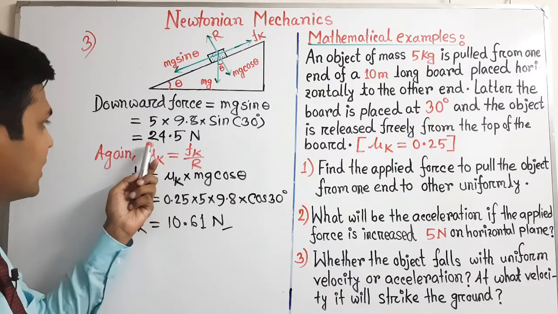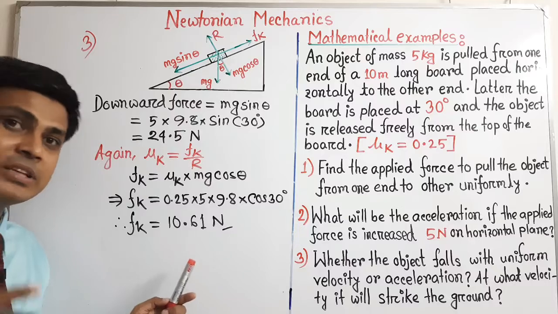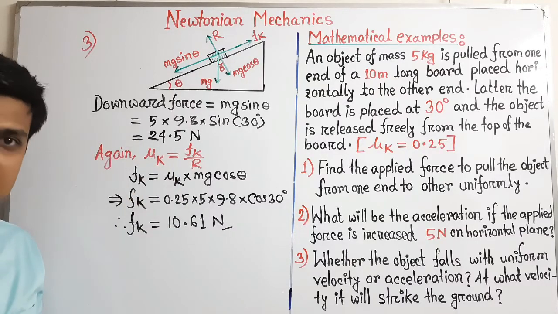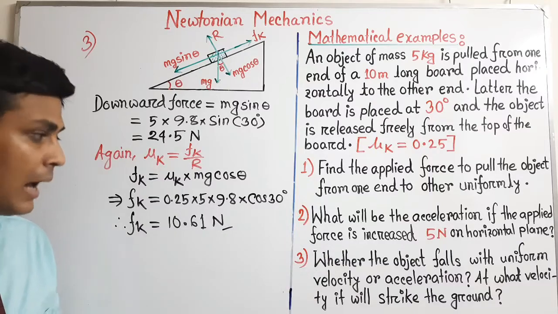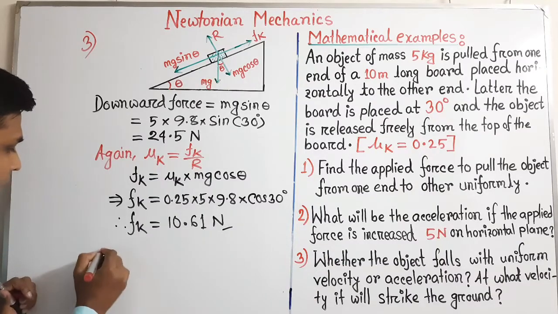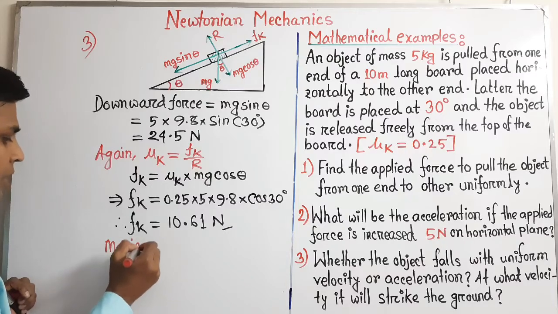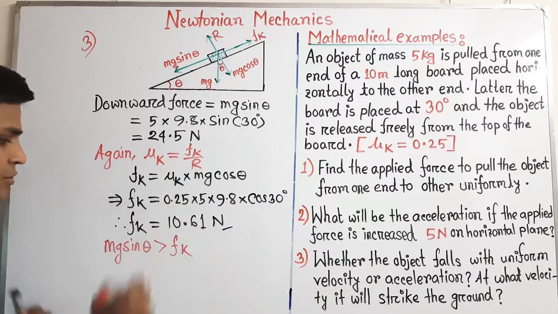Now let's compare these two forces. Downward force is 24.5 Newton and the frictional force is 10.61 Newton. So we can say the downward force is greater, so the object falls with uniform acceleration, because here the downward force, that means mg sin theta, is greater than the frictional force.